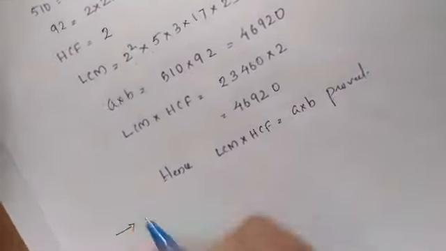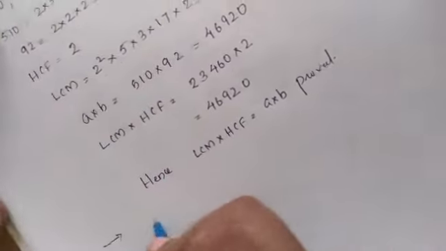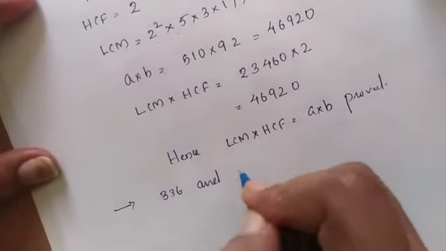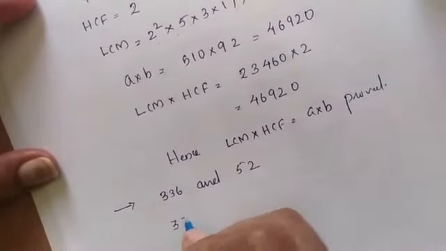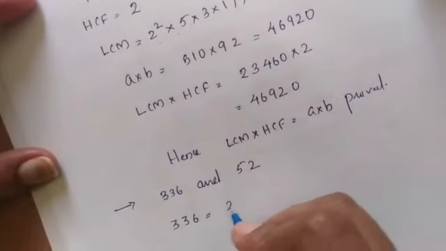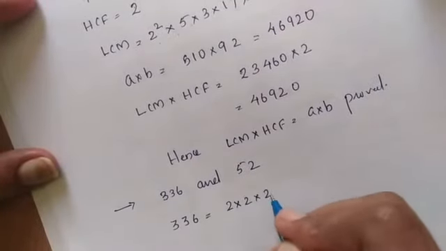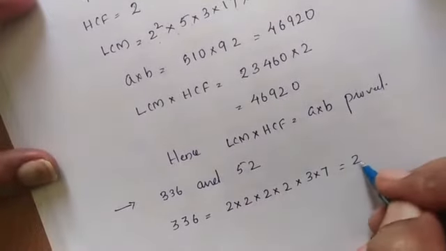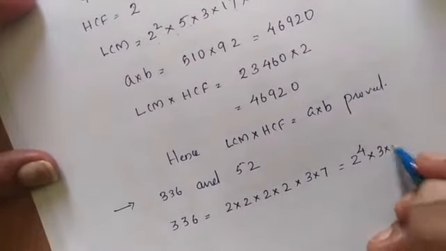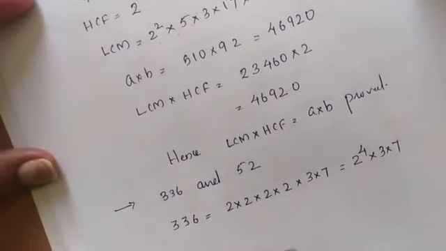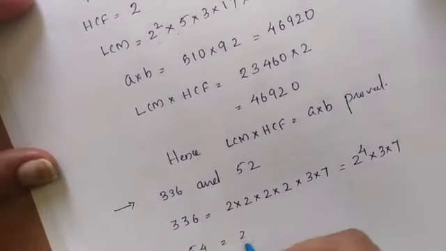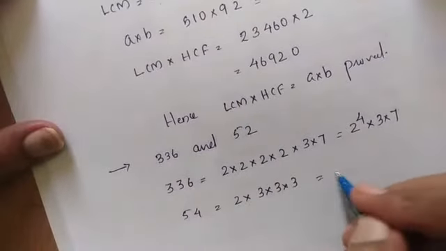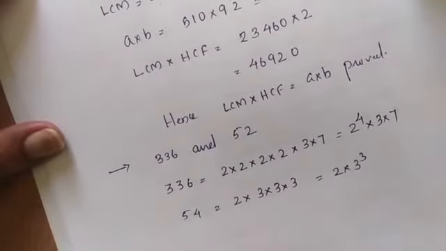Another question, 336 and 54. 336 is equal to 2 into 2 into 2 into 2 into 3 into 7, so 2 raised to 4 into 3 into 7. For 54, the factors are 2 into 3 into 3 into 3, which is equal to 2 into 3 raised to 3.